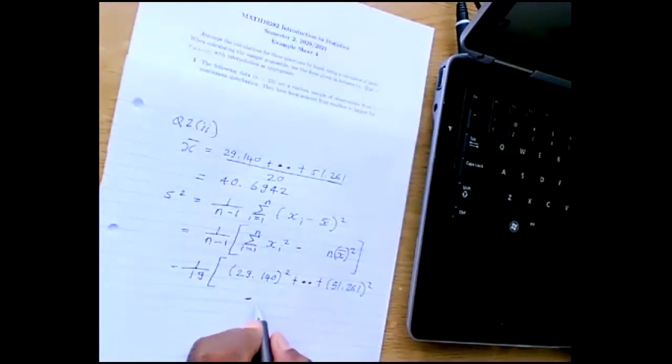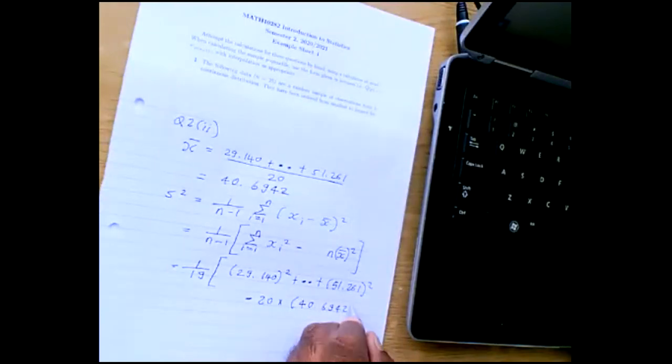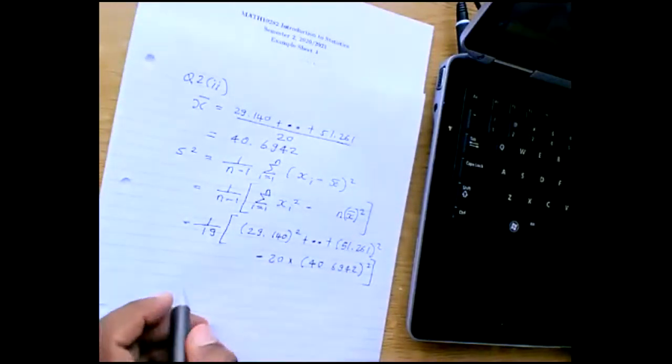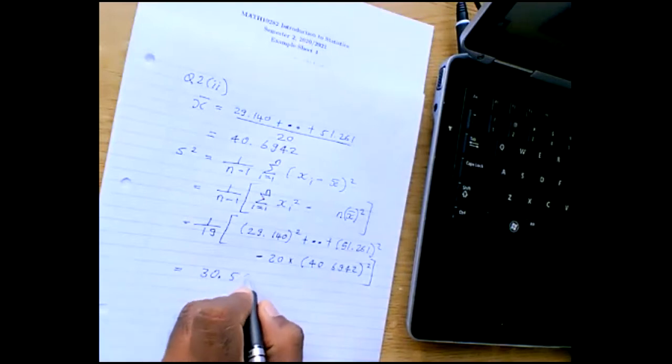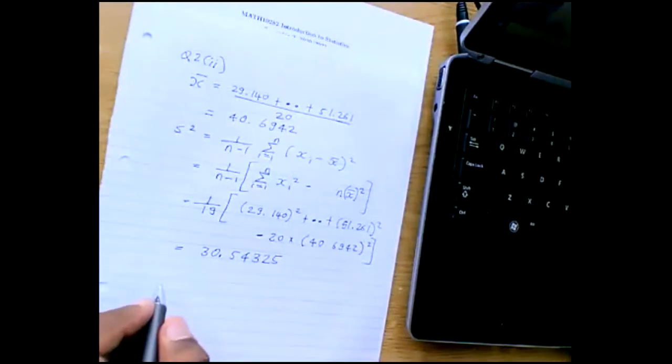Then you have n, which is 20, times x bar, which we already know is 40.6942, squared. So this is what you get. Now if you work this out using a calculator, this will be equal to 30.54325. Okay.